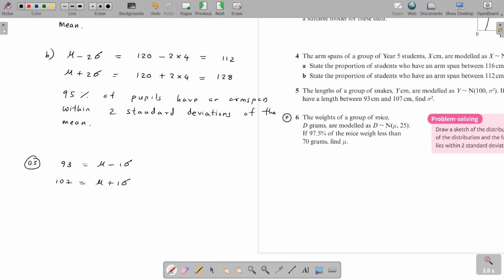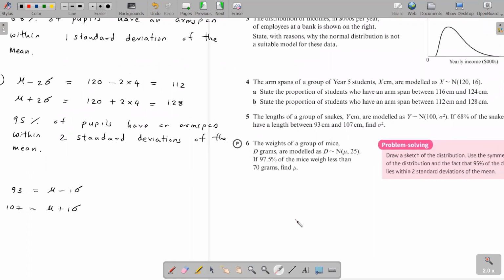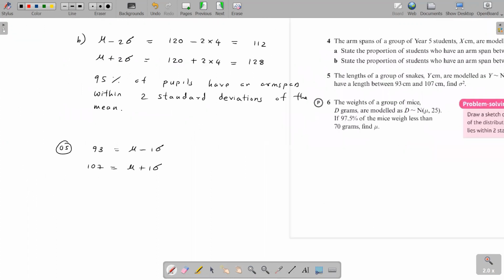And they have given you that the mu value is 100. So mu is actually given to us. So we can work with one of the equations. I'll work with 93 equal mu minus 1 sigma. 93 equal mu is 100 minus 1 sigma. So 1 sigma equal 100 minus 93, which means sigma is 7. Do you agree?